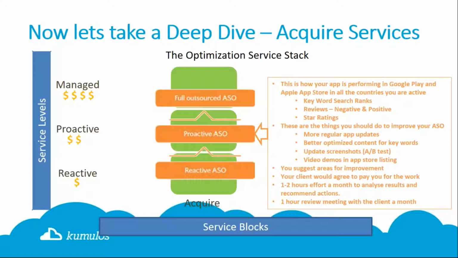So the proactive service would be everything that you see in the reactive service, but with your advice and guidance on top. So it would be, these are the things that we can do to help drive more downloads from the store by updating the app more regularly. Comparing how your competitors are updating is a great way to encourage your client to do it.